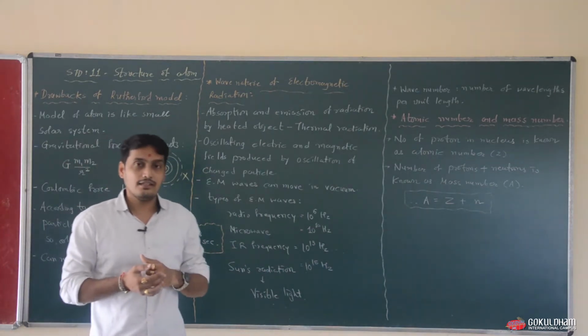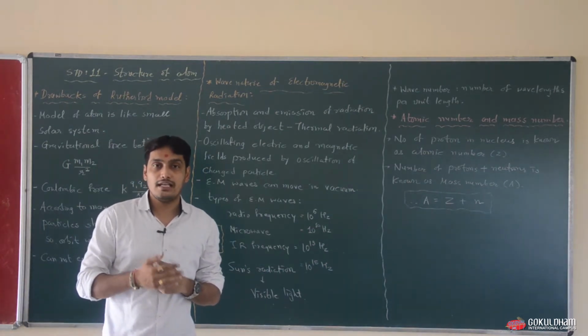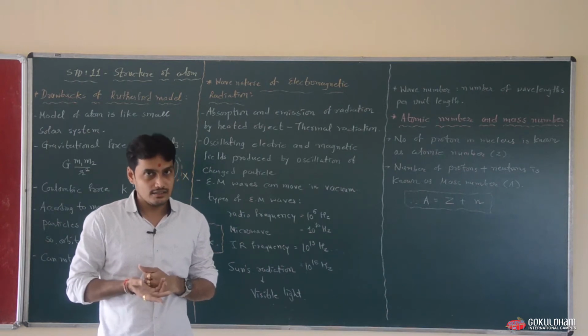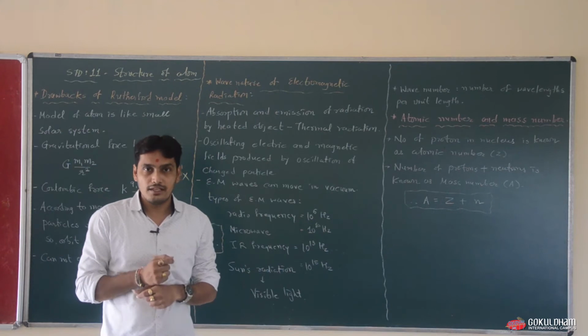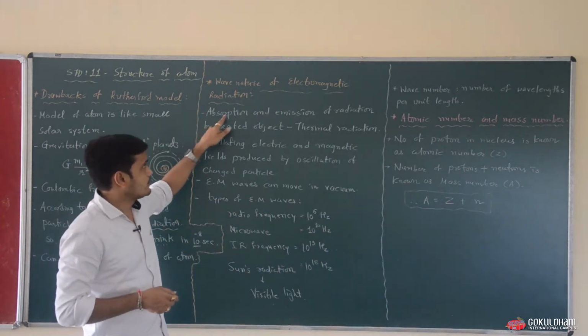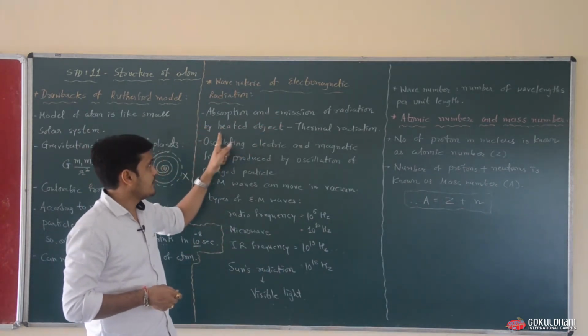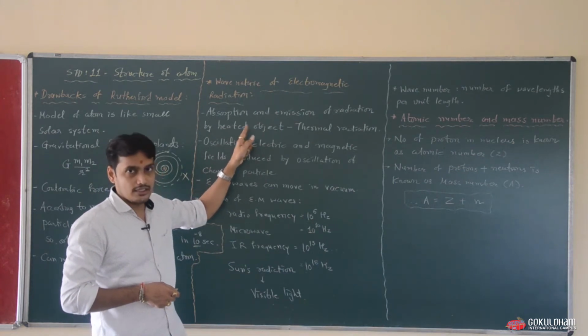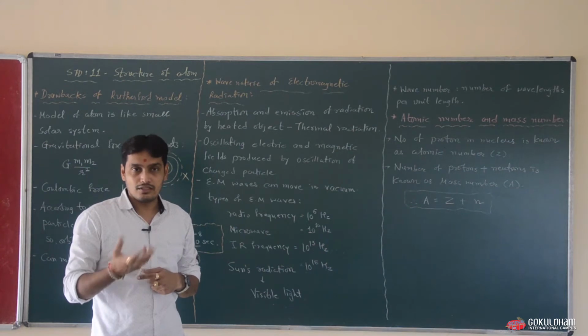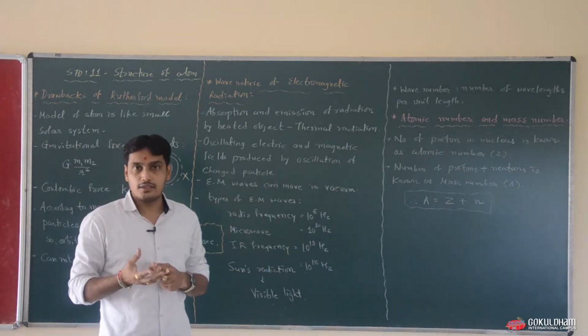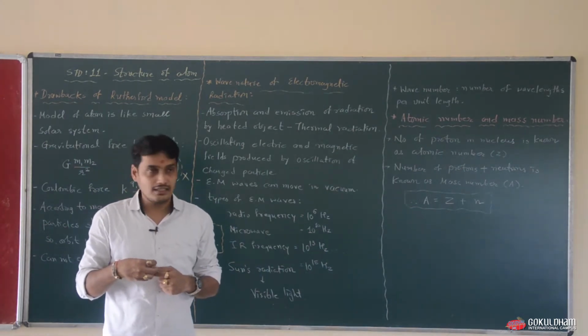Those radiations are known as electromagnetic radiations. Another type is thermal radiation. Thermal radiation means absorption and emission of radiation by a heated object. Emission means to the outer side and absorption means to the inner side.